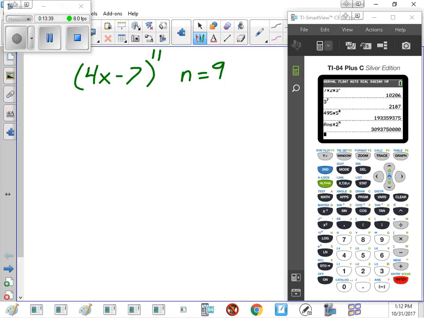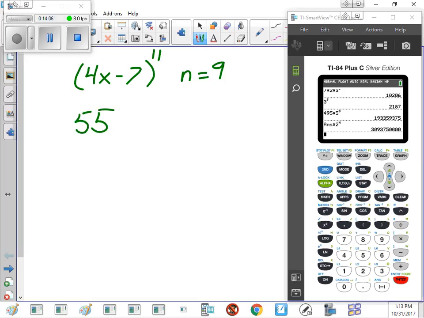What is the number from the triangle when n equals 9? Did everybody get 55? So we go to row 11, and we start counting. We need to count up to 9, but you always start counting with 0. So we count 0, 1, 2, 3, 4, 5, 6, 7, 8, 9, and I get 55.